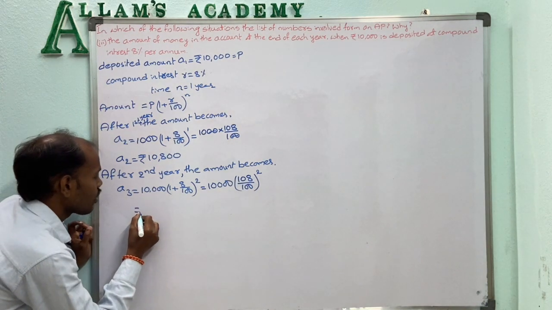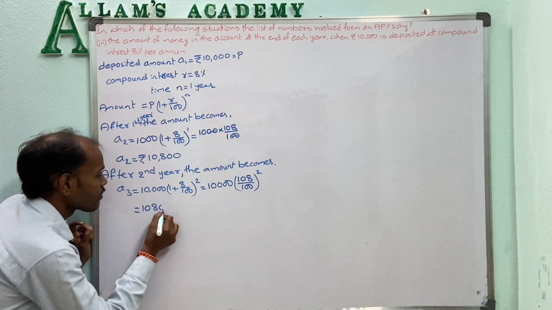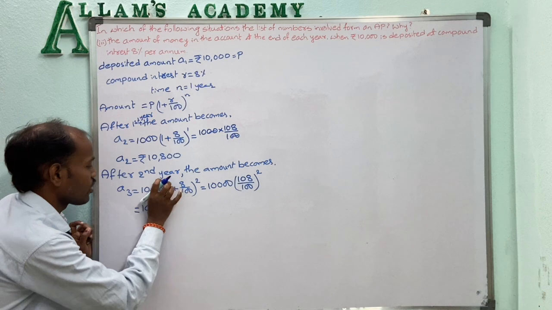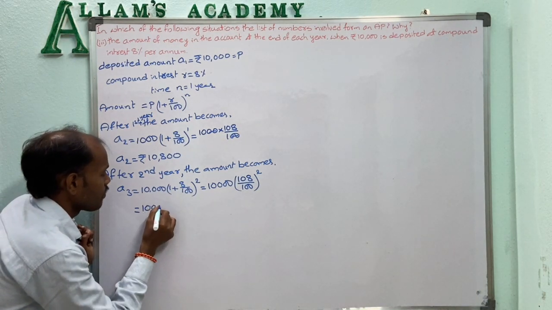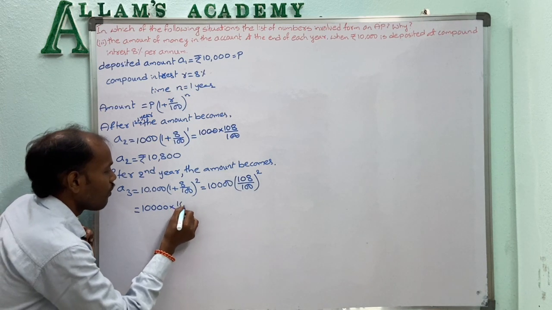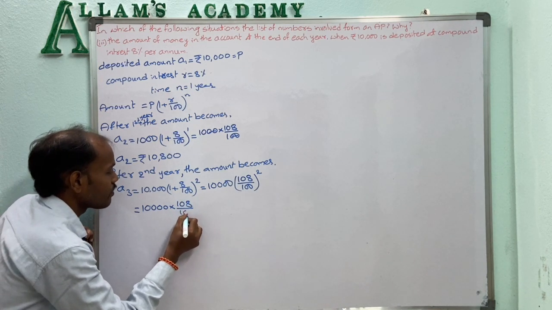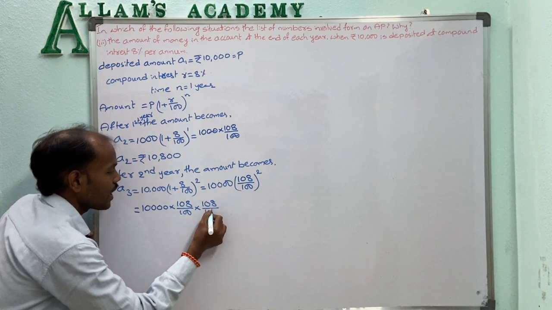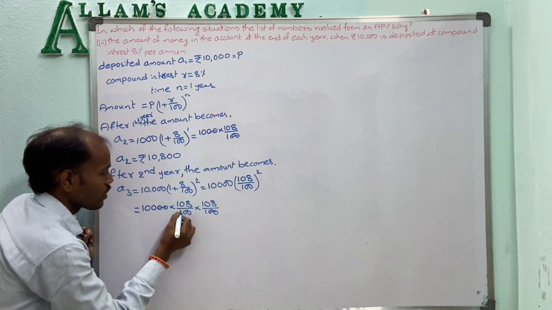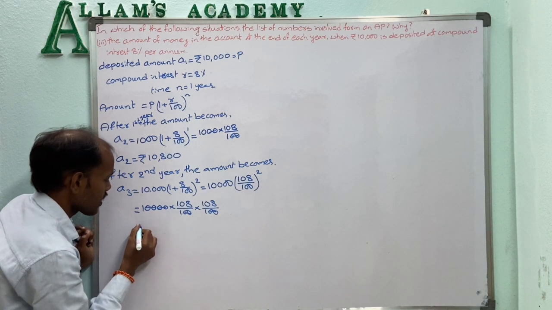So 10,000 into 108 by 100 into 108 by 100. Two zeros and two zeros get cancelled.